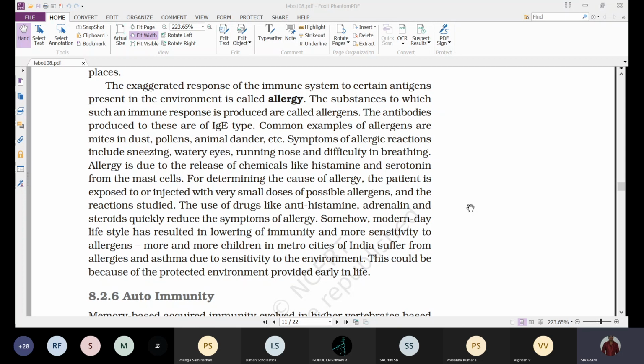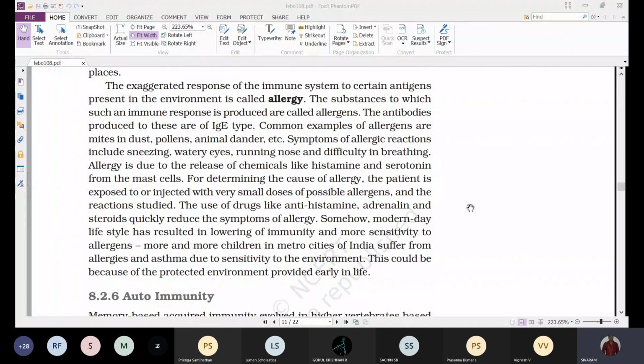Because of the sensitivity that is developed by that person because of continuous indoor living, whenever he goes to the outer environment, whatever substances are present in that environment will become allergens, and they cause allergic reactions.